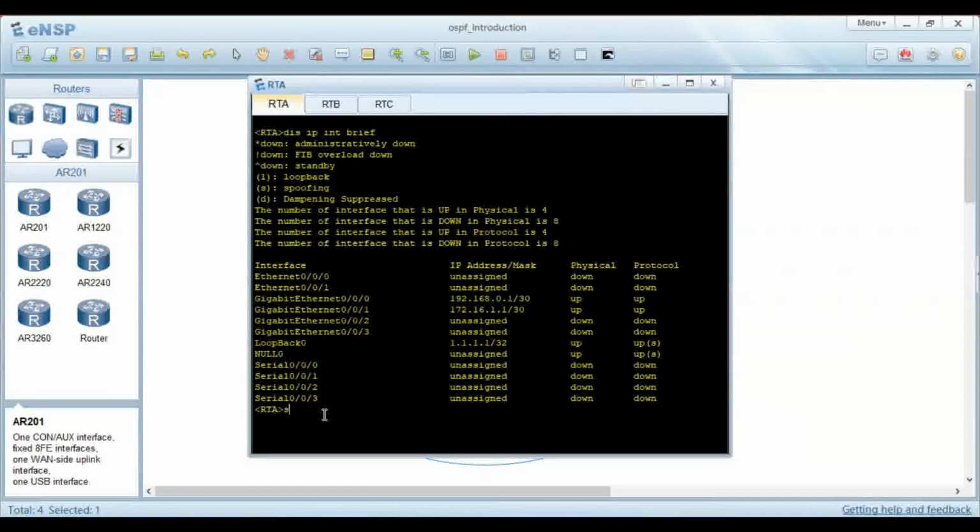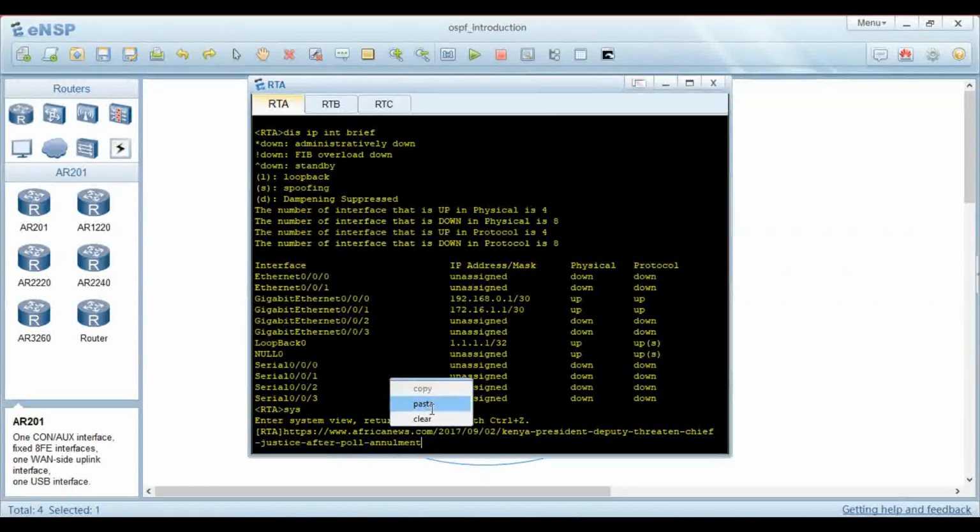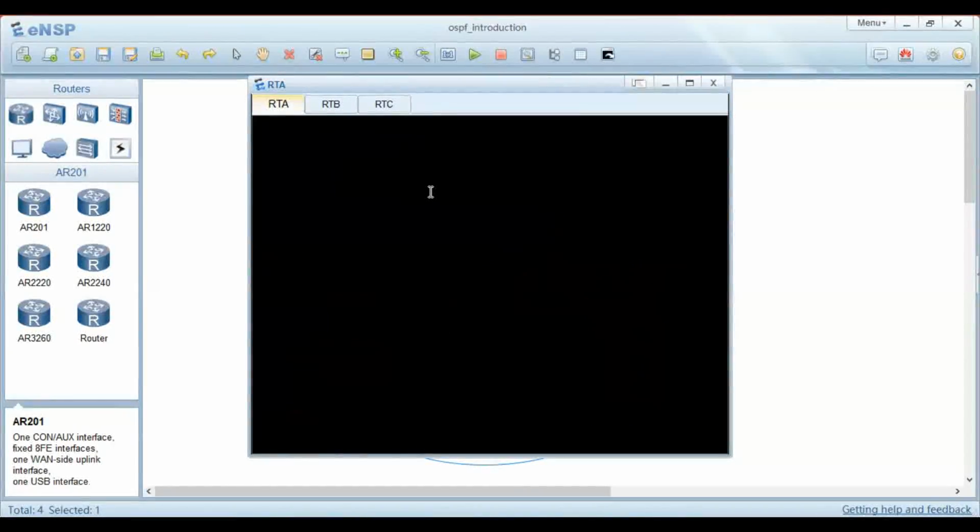So the first thing when you're configuring OSPF is you configure the router ID. That's the first thing. It's not mandatory, but it's best practice. It will save you a lot of configuration headaches. And when you're verifying your configurations, it makes it easy for you to identify your topology.